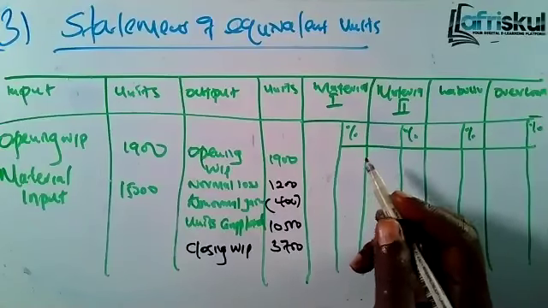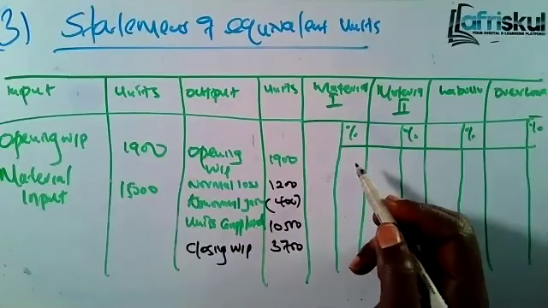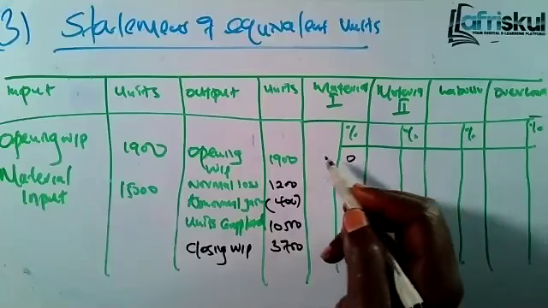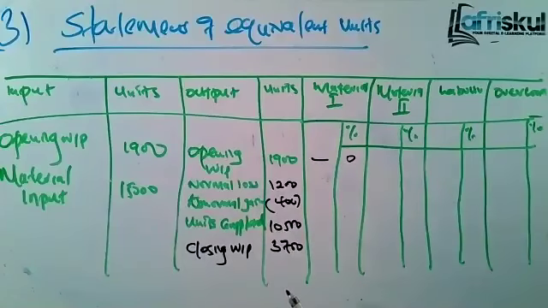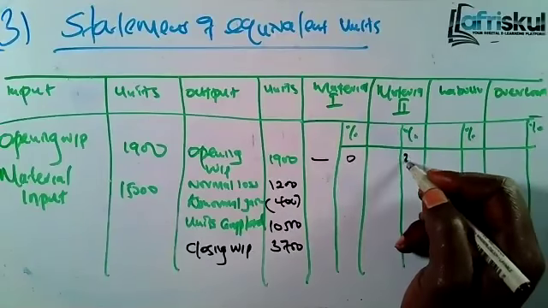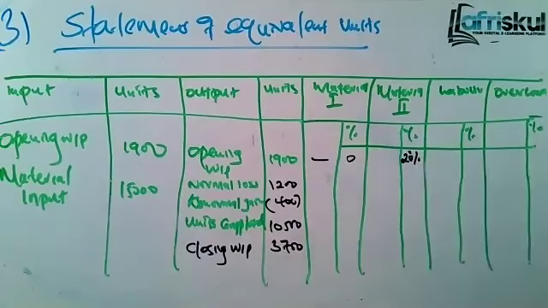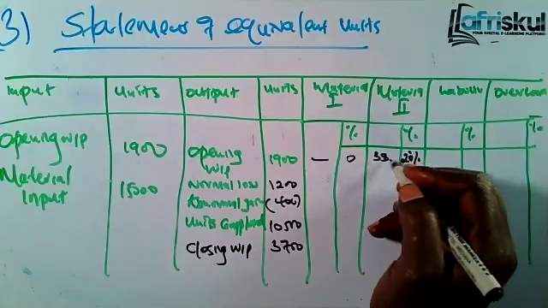For direct materials, normally the first material, that is material one, the incoming material is normally 0. So the input material, which is 80%, it's completed 80%. The remaining percentage is 20. So you write there 20%. You take 20% of 1,900, which is 380.